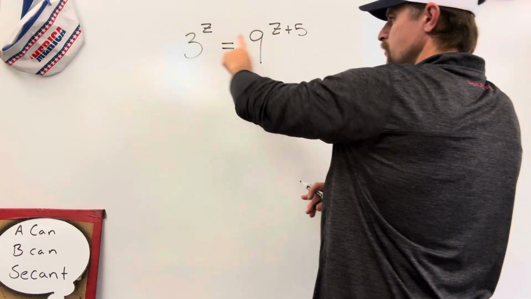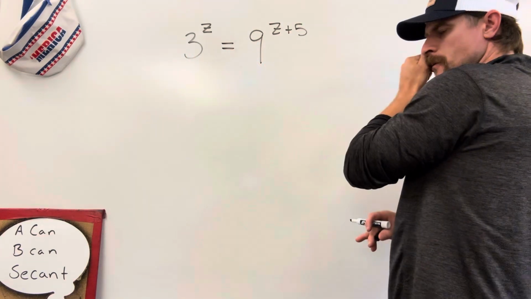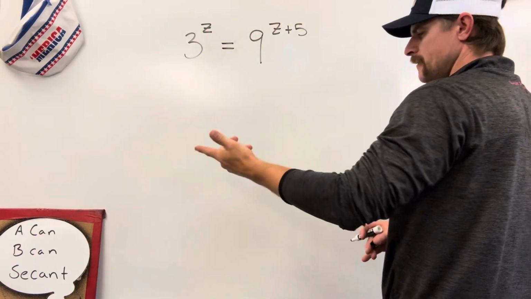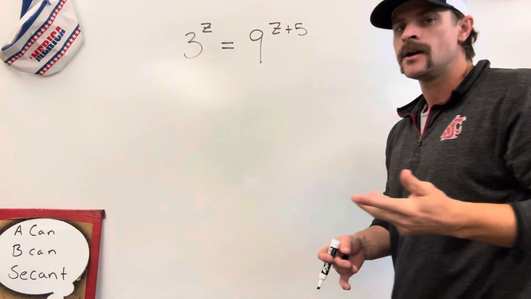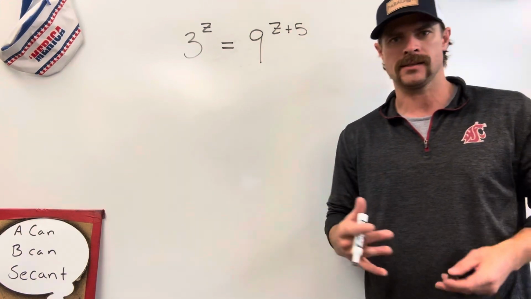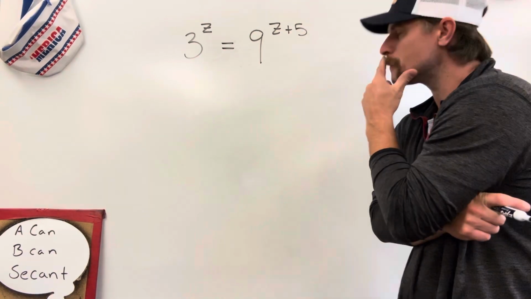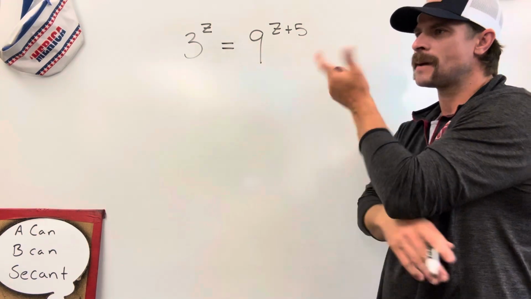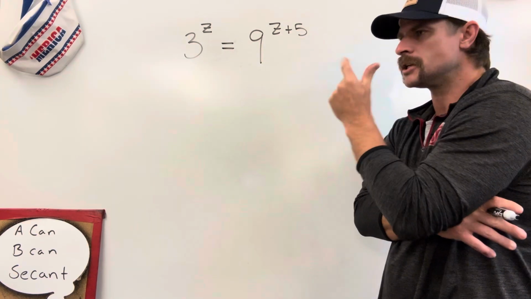If the base here is 3 and the base here is 9, we can't just bring down z is equal to z plus 5 because that's not the case. We've got to make a matching base. Oh man, how can we make a matching base? When I see a 3 and a 9, my brain right away says, are there any tricks I can play?